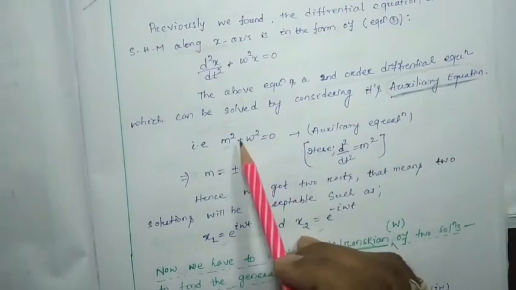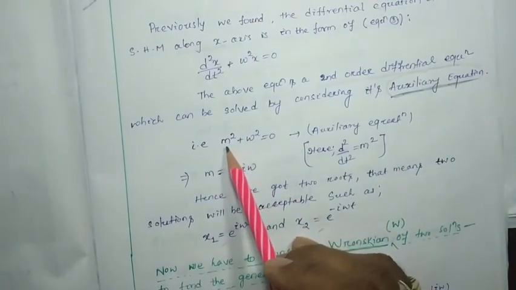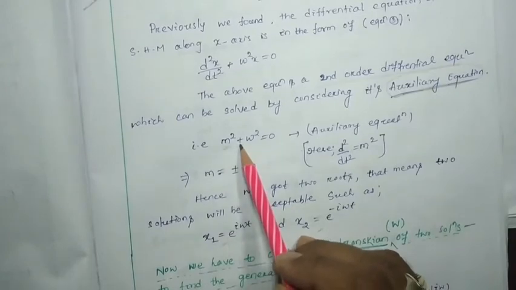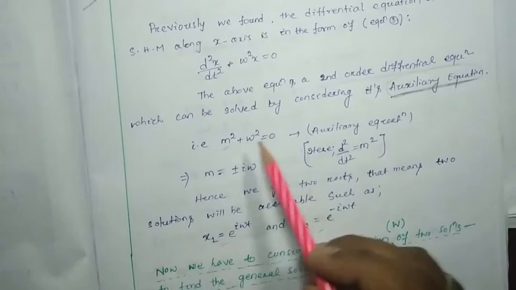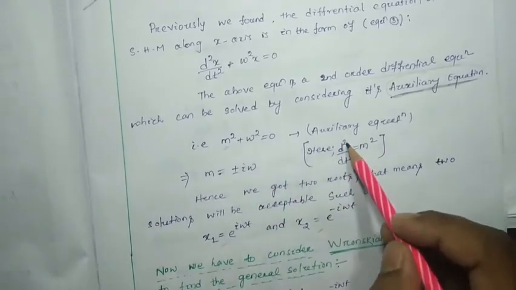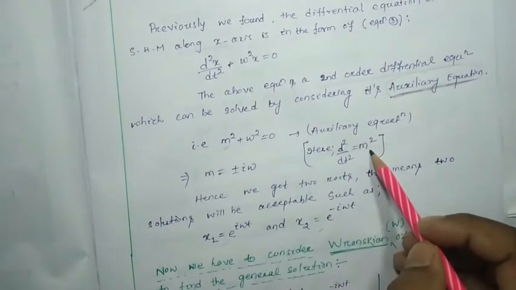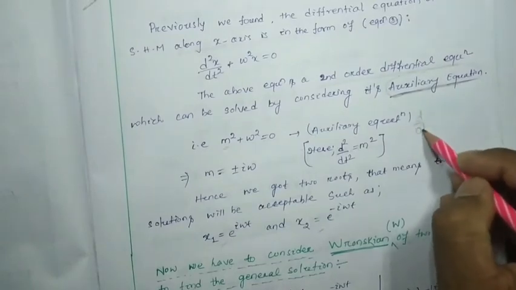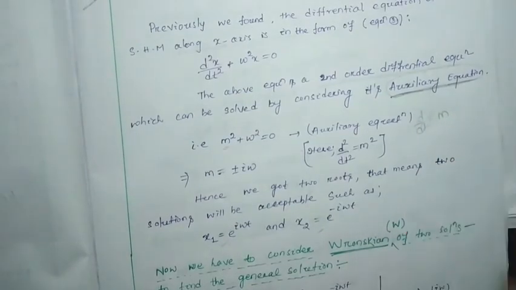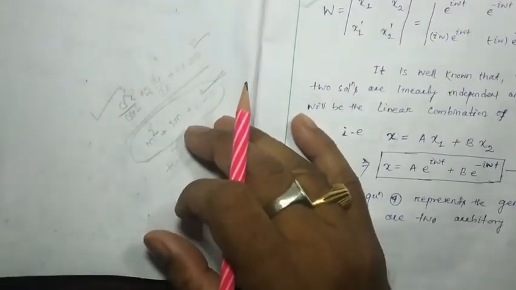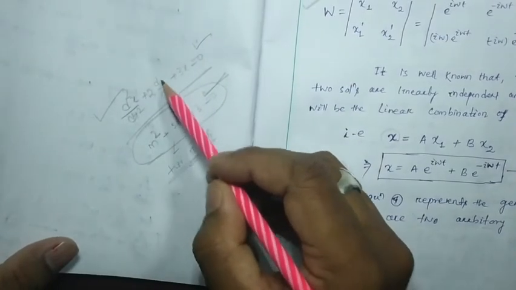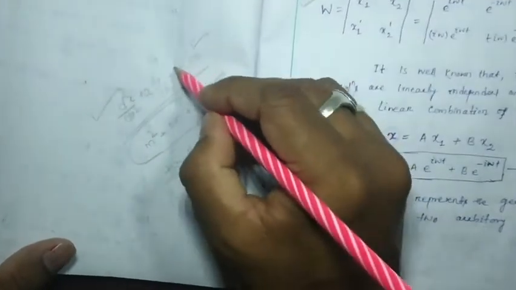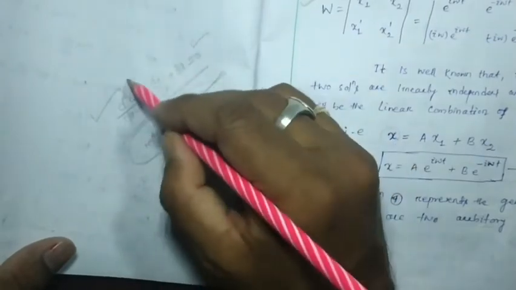Its auxiliary equation will be m square plus omega square equal to 0. That means here we consider d square by dt square equal to m square. Likewise, d by dt will be considered as m. Let me give another differential equation and its corresponding auxiliary equation. Suppose we consider d square x by dt square plus 2 dx by dt plus 3x equal to 0, a second order differential equation.